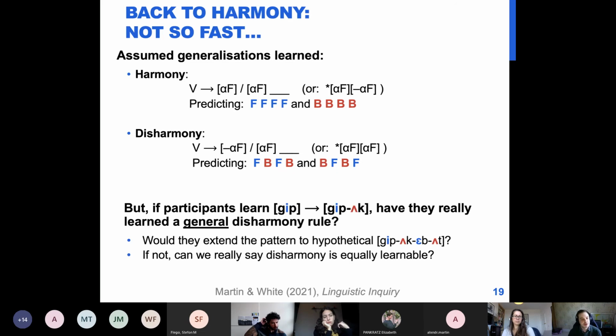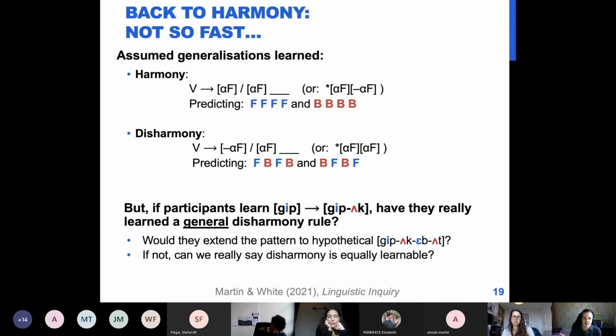But we felt a bit skeptical about this. So our question was, if participants learn something like yeep, yeepuk, this very simple two-syllable word or something like that, have they really learned a general disharmony rule? There's a lot of things that they could have learned. But would they actually extend this pattern to a hypothetical longer word?